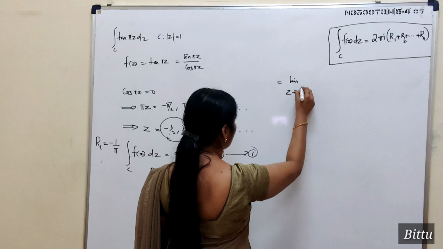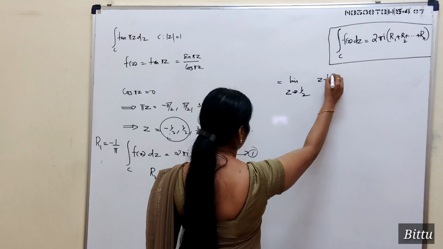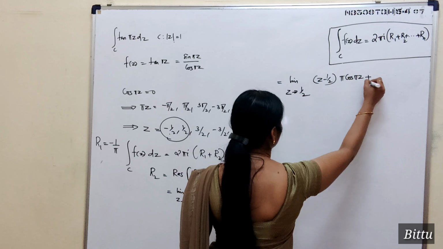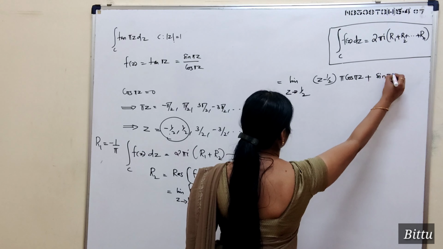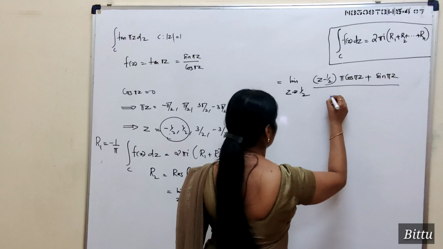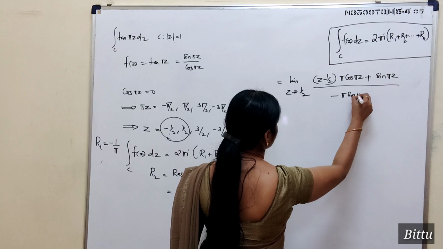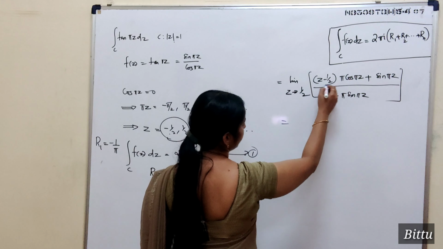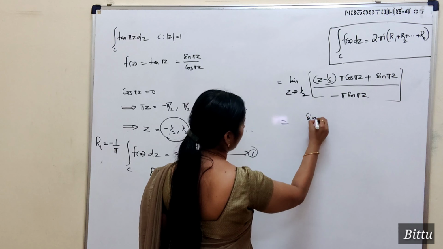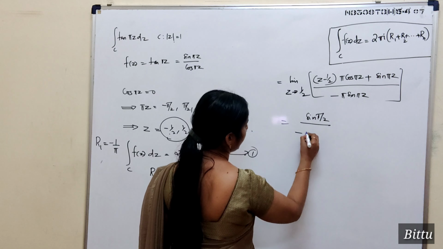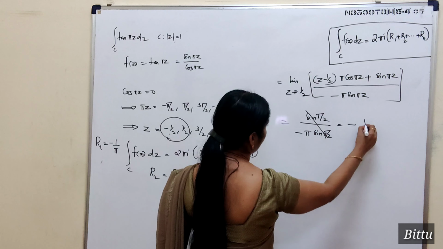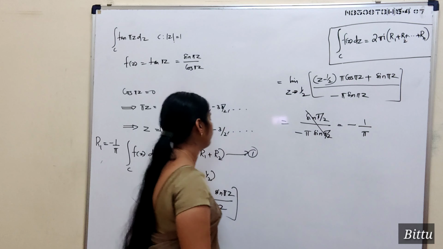So limit z tends to half is at minus half into pi cos pi z plus sin pi z by minus pi sin pi z. You put z equal to half. See, this term will be 0. So sin pi by 2 by minus pi into sin pi by 2. So this will cancel. The answer is minus 1 by pi.